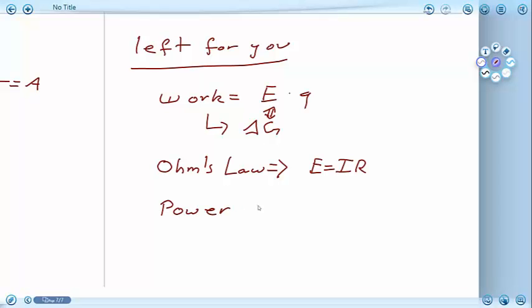The general equation for power, which we use the symbol P, is the product of potential times current. Power is written typically in units of watts. And so I would like you to look at these last three items on your own in the first section of your textbook.